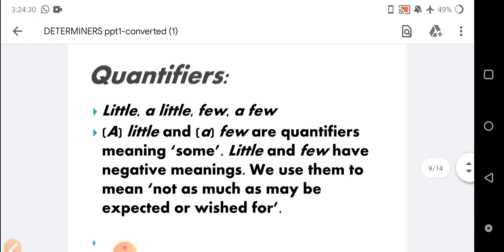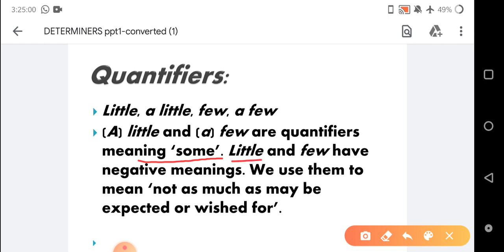Look at this. Little, a little, few, a few. Now the basic difference between a little and, parallel to that, a few and few is that a little and a few mean some. There is a positive indication. But the moment we say little and few, these are important words, little and few, they have negative meanings.